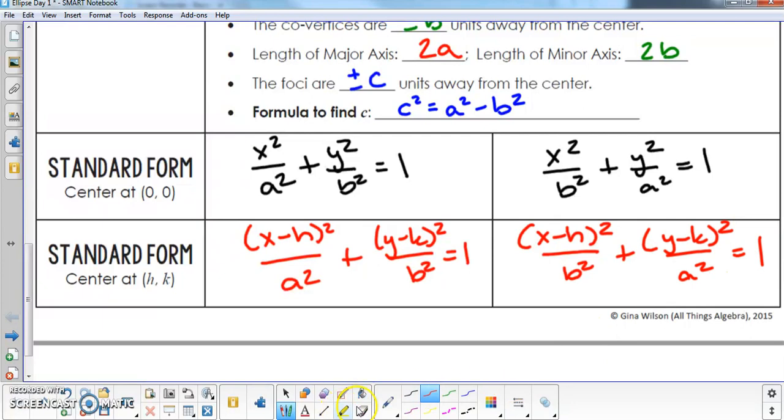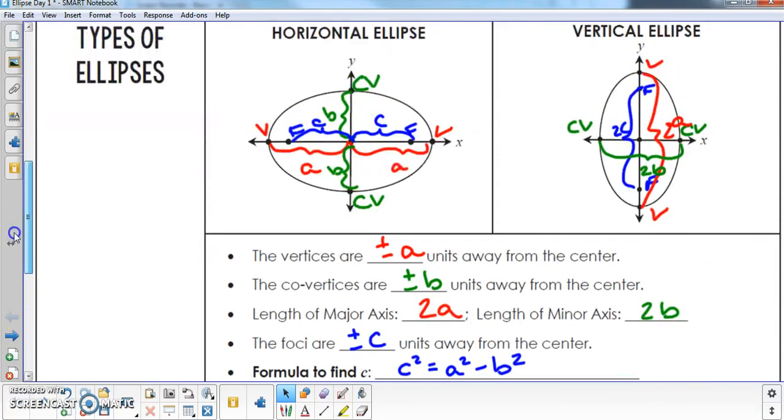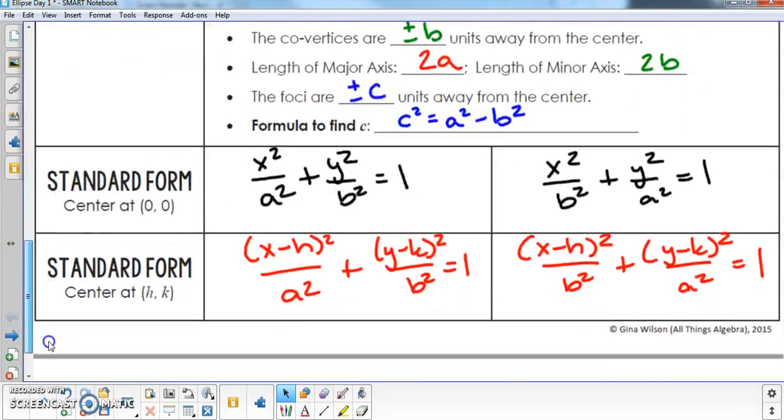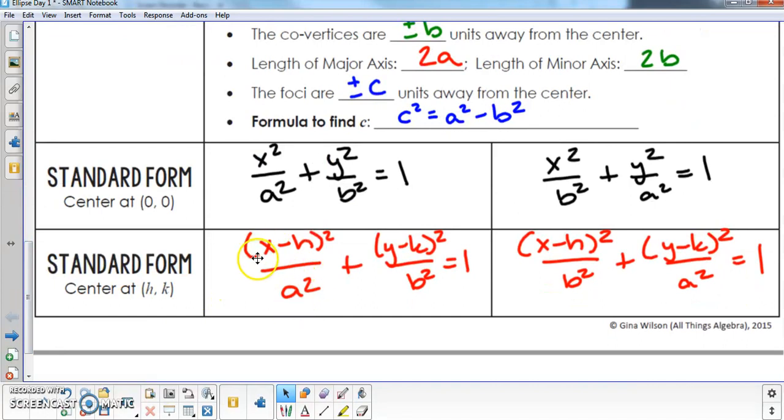Okay, so if you look at these and compare, this kind of makes sense that on this one, my A is horizontal. We also know that horizontal is our x coordinate. So if we look here, my larger number is underneath my x for both of these.